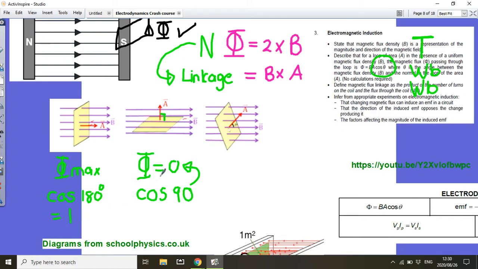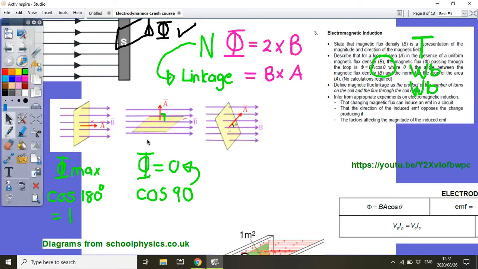If my angle is between 180 and 90 or 90 and 0, the value of cos theta is going to be a fraction. So anything else will give you a value between the maximum and 0. So yeah, the math you can work out for yourself.